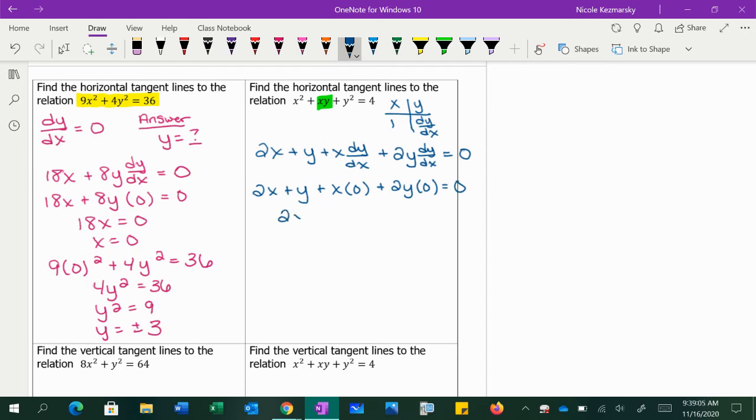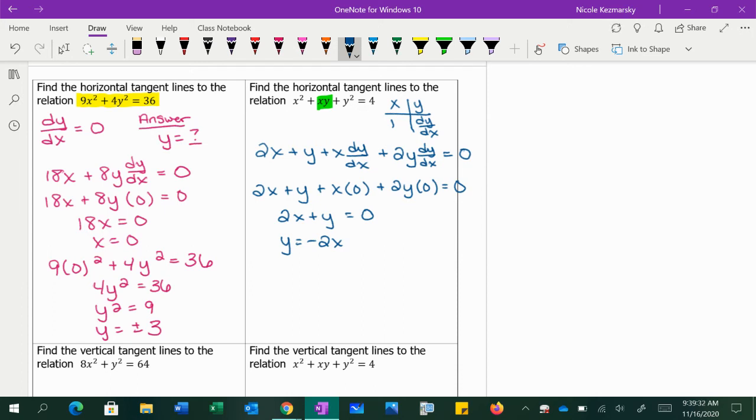So that leaves us with 2x plus y equals 0. And so now we've got an x and a y that's equal to 0. So instead of just having x equals 0, we have both variables in there. So another way of looking at this is that y equals negative 2x.